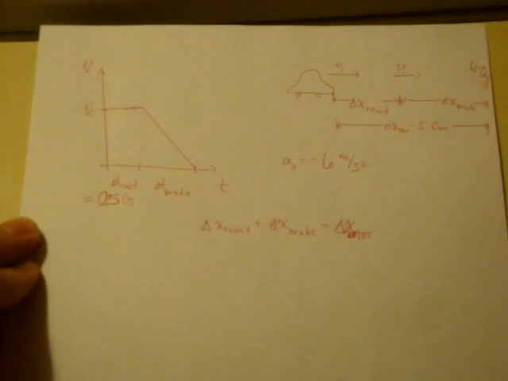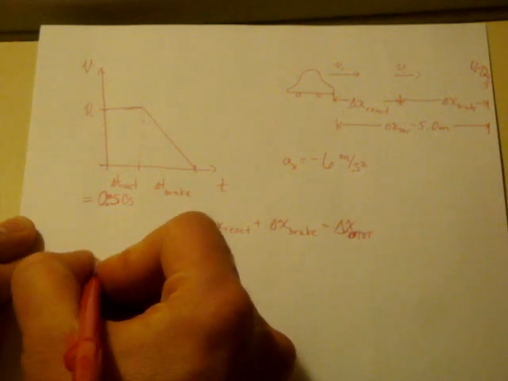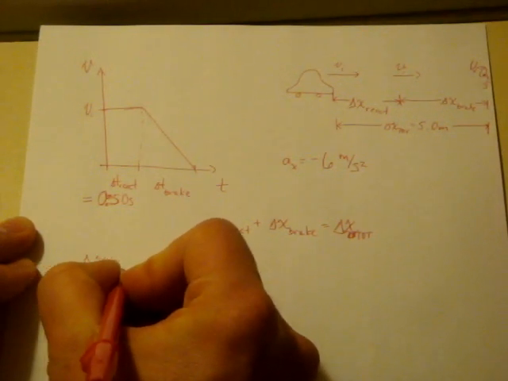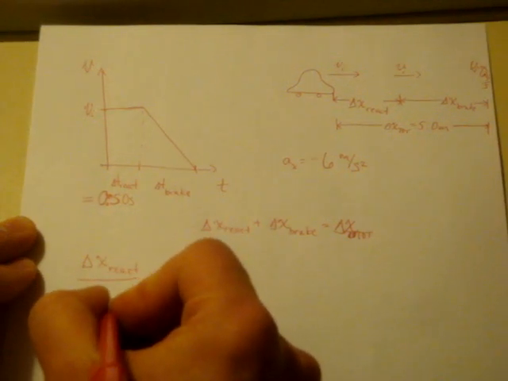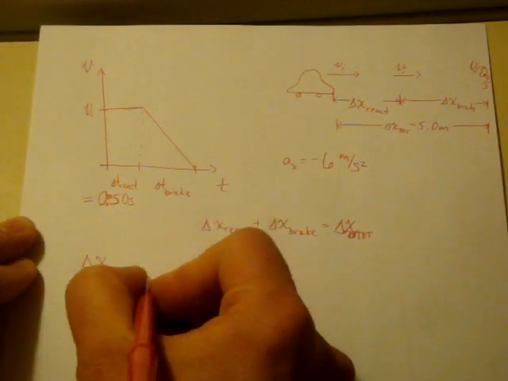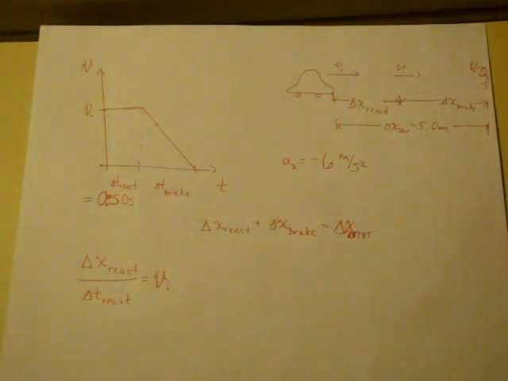All right? And we also know about these quantities independently. The displacement during the reaction time divided by the time it takes to react is going to be equal to whatever the initial velocity is. That's how far the car travels.